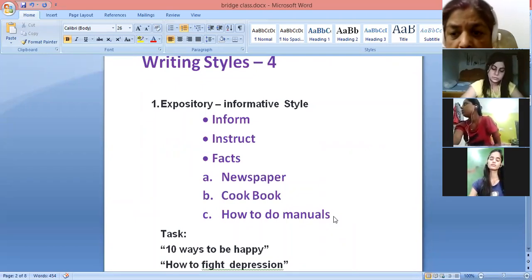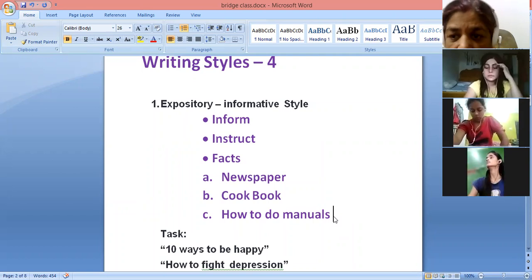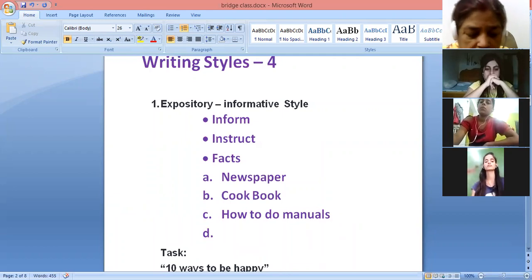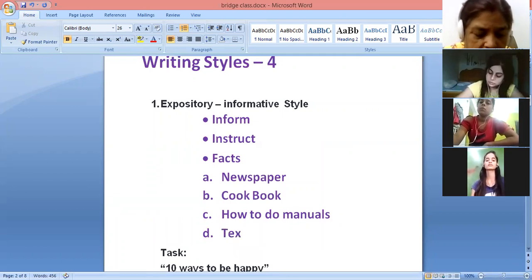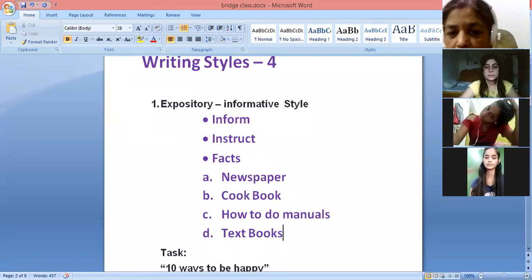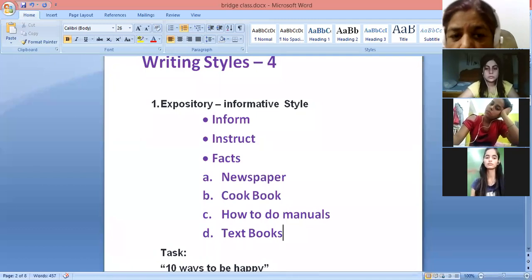Every product now comes with a manual, and these manuals instruct you how to use them. Then textbooks. Textbooks give you a layout of any subject, be it English, grammar, maths. So these books will inform you, instruct you based on some facts.